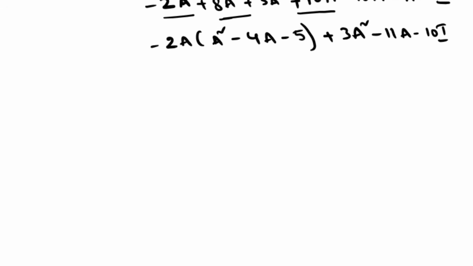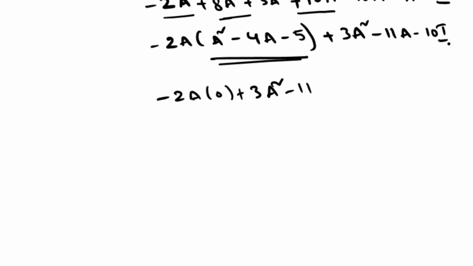Now here these three sum is 0. Therefore minus 2a into 0 plus 3a square minus 11a minus 10i.